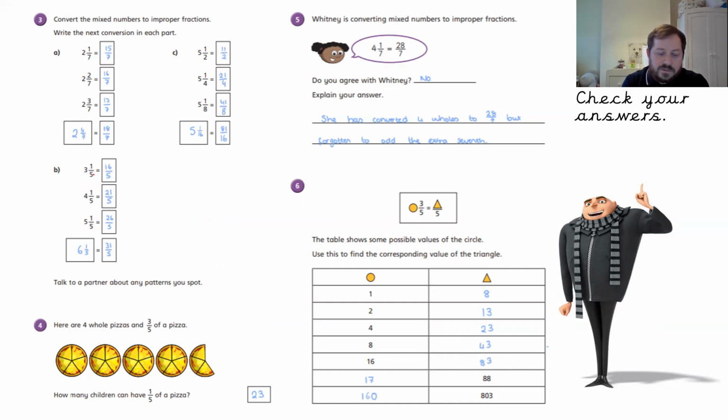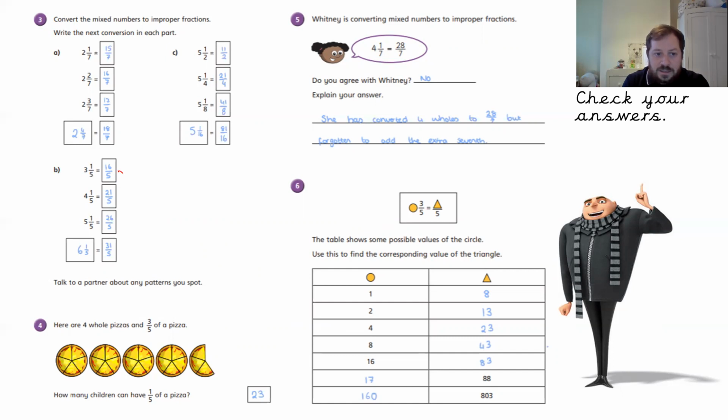B, 3 times 5 is 15 plus the 1 is 16. So what we're doing is actually increasing the number of whole numbers rather than the fraction. Each whole number we add, each jump we make, is 5 extra fifths.